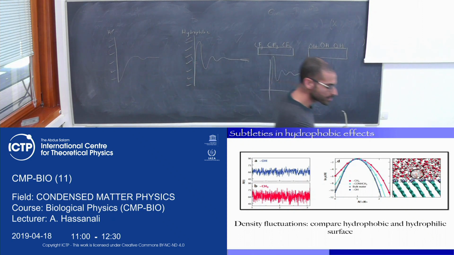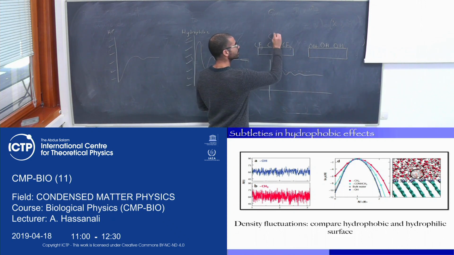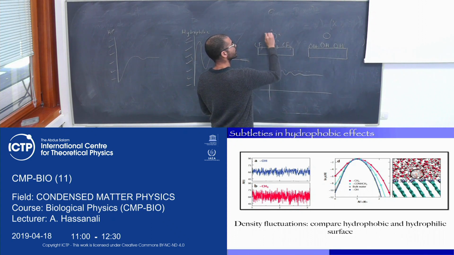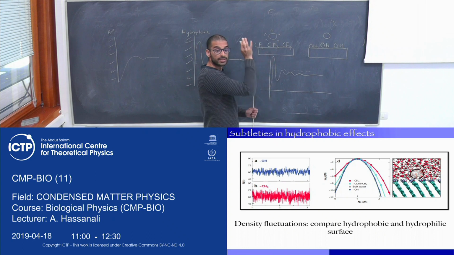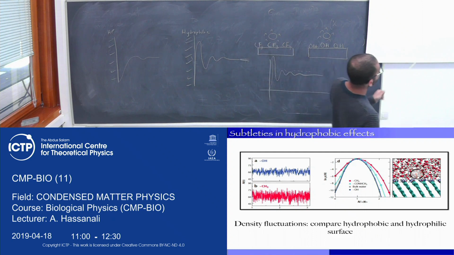So rather than just looking at the average density, you look at the work required to create cavities at the surface. This tells you about fluctuations, and of course it's telling you about compressibilities. The change in the compressibility of the liquid near the two surfaces is a much better measure of hydrophobicity, and you see it clearly here.